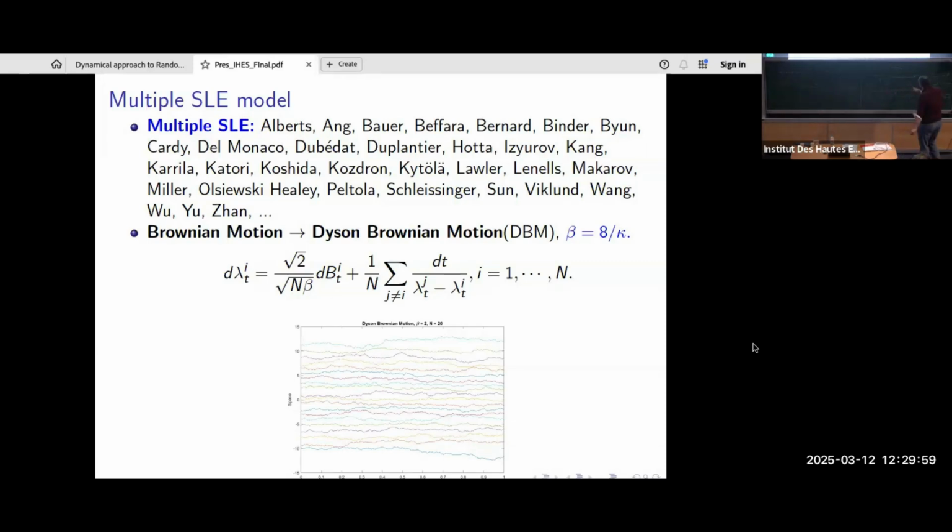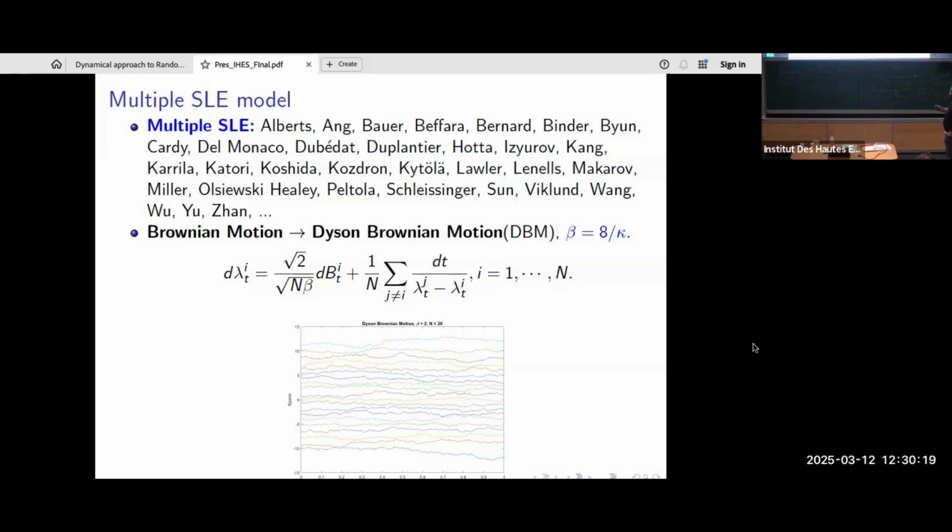The standard Brownian motion from here becomes the Dyson Brownian motion. So what is this? This is a system of interacting particles. Let me describe it a bit for you. As you can see, I now have n drivers. For each one of them, let's look at lambda_t^i.